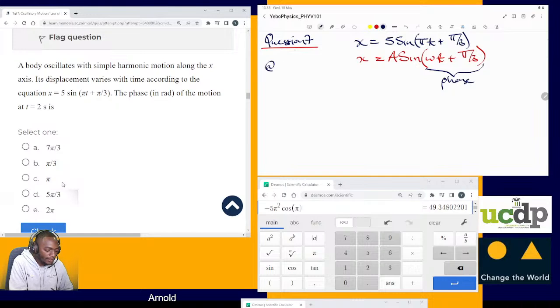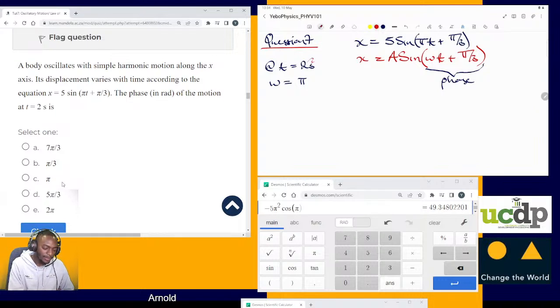That is at t is equal to 2 seconds. So if you look at that expression, by inspection, our angular velocity omega is equal to pi.